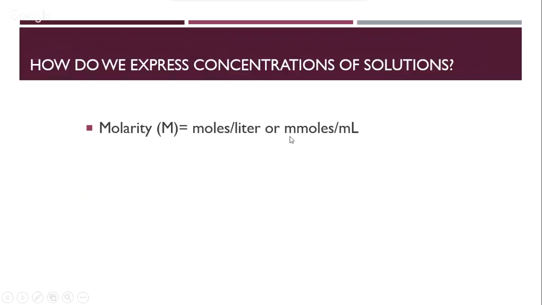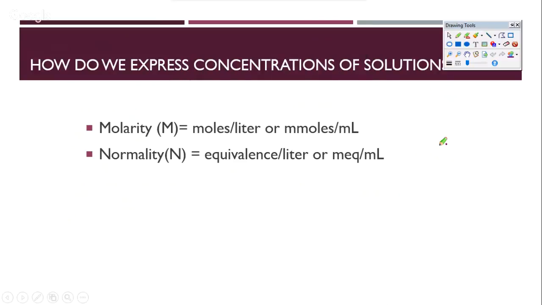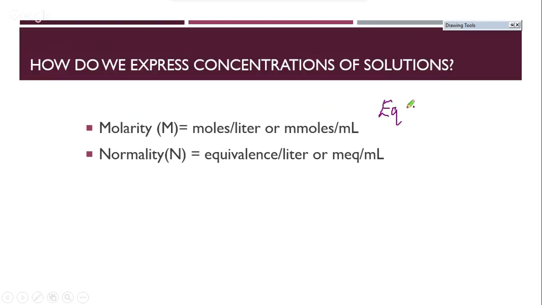The next very important definition for you is that normality is equal to equivalents per liter, or milliequivalents per milliliter. I'm going to quickly talk about equivalent weight here itself. Equivalence is nothing but the n factor times your moles, where n is basically valency, or it is the acidity or basicity of a substance.